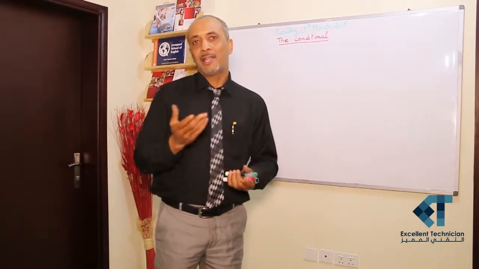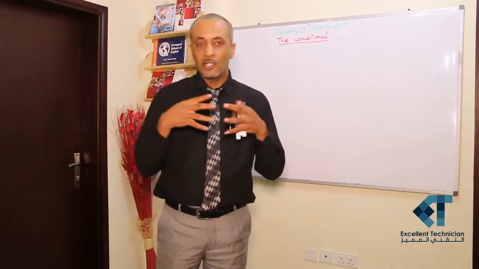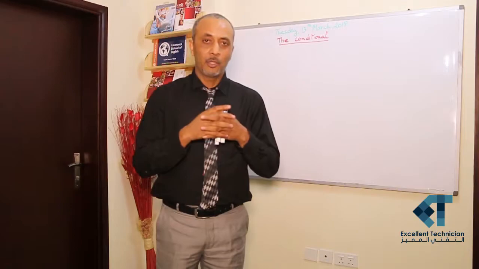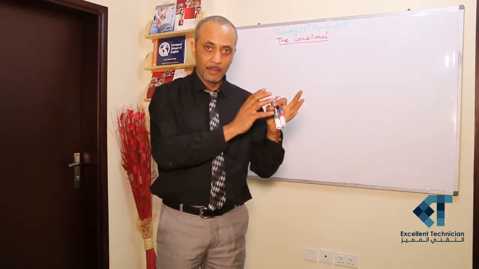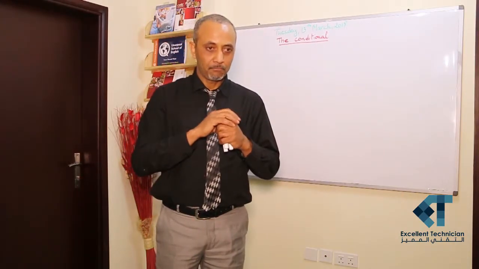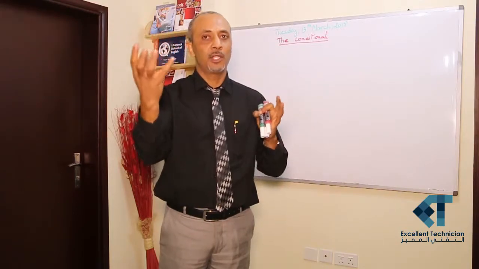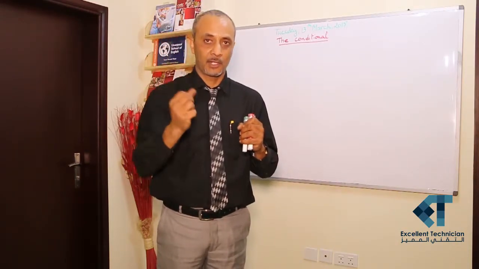The conditional is a tense that is used to express a relationship or a kind of link between a condition and a fact. That means something happens in the presence of a certain condition or certain circumstance.